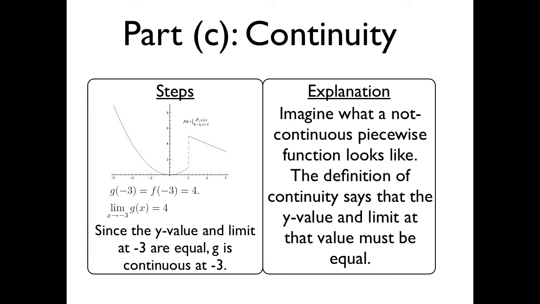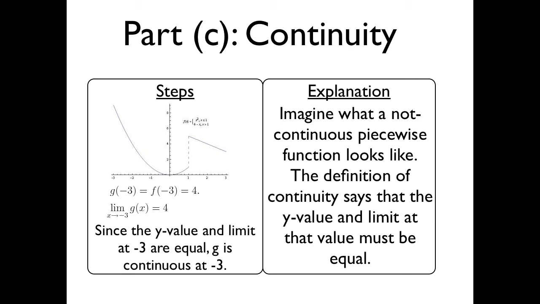The way we do that is we're going to look at the y values and the limit there. So when the question says use the definition of continuity, that's what we're doing. First, if I look at g of -3, that tells me I use the top function because I use f of x for -5 to -3. So f of -3 was 4. And then I look at the limit as g is approaching 4 from both sides.